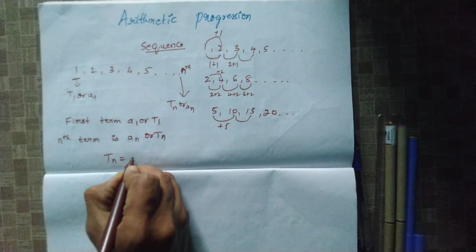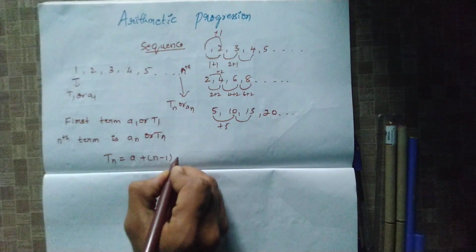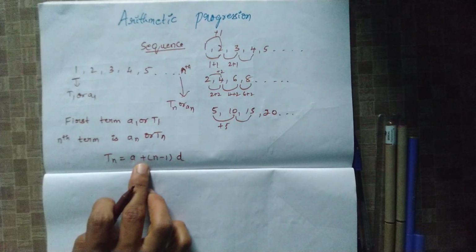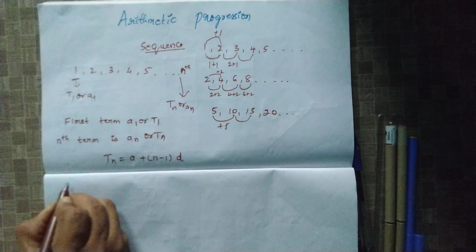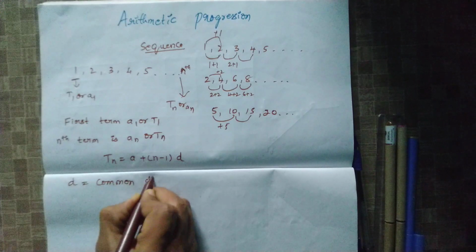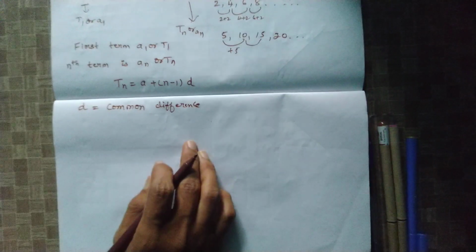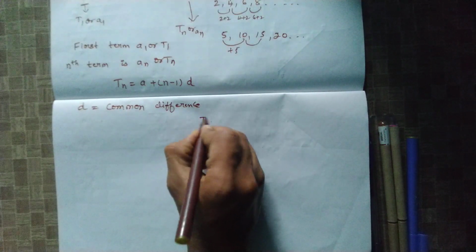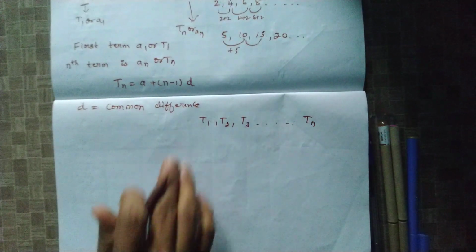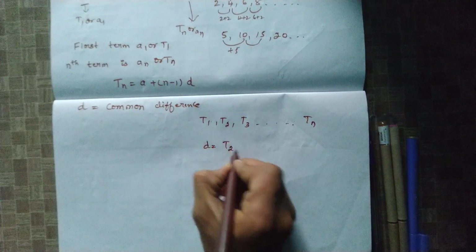The formula for finding the nth term of a sequence is Tn is equal to A plus n minus 1 into d. A is the first term and d is the common difference. If there is a sequence T1, T2, T3, and so on up to Tn, then we find the common difference: d is equal to T2 minus T1.